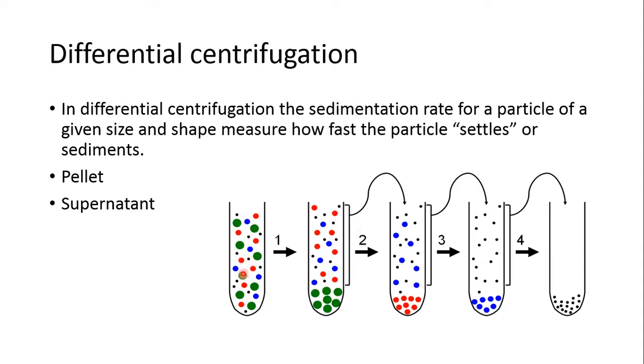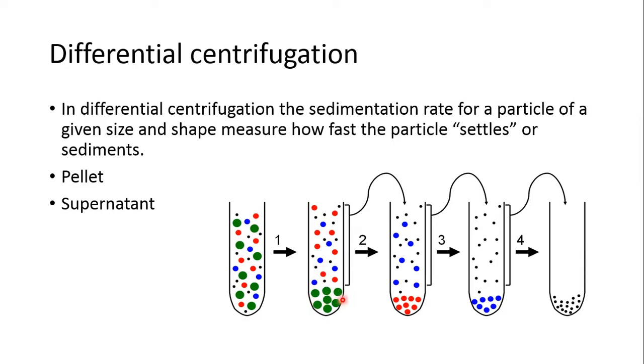After putting this mixture in the test tube, we run this tube in the centrifuge machine. When we run this machine, the larger size molecules will settle down fast in the bottom.